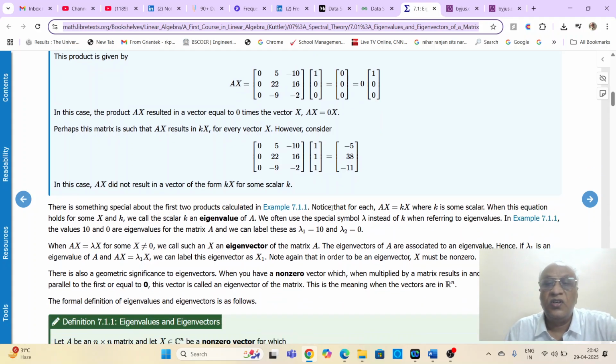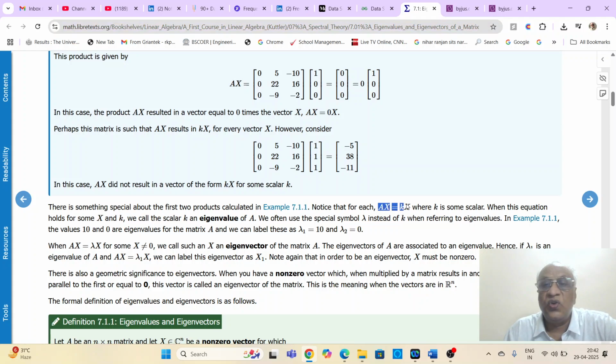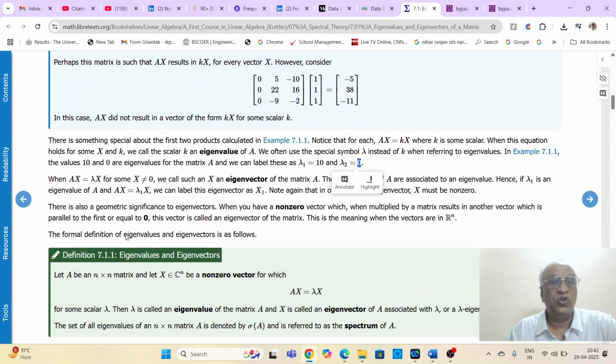Now here, when we have AX is equal to KX, where K is some scalar value like 10, this scalar value is called the eigenvalue, and this is represented by a symbol, lambda, instead of K. So my lambda 1 value is 10 and my lambda 2 value is 0.